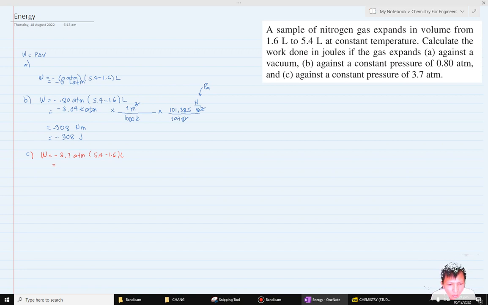The total would be 1,424, so that would be negative 1,424 joules. Or usually you can put negative 1.42 kilojoules. So that would be the answer for this problem.